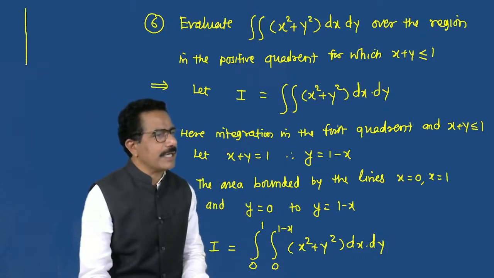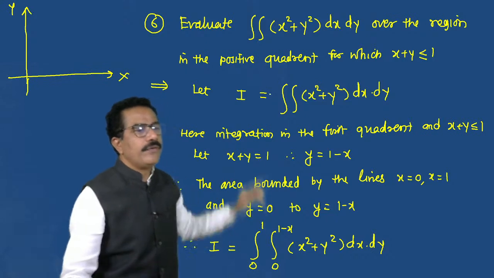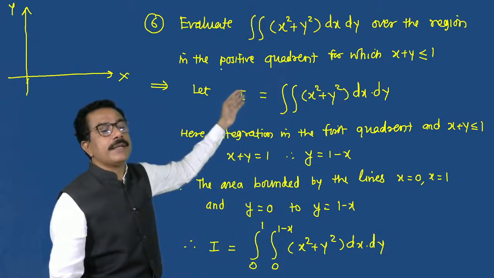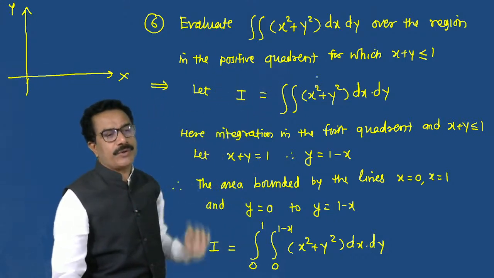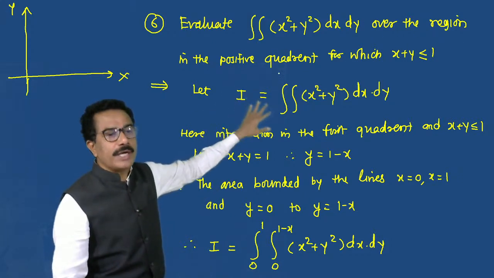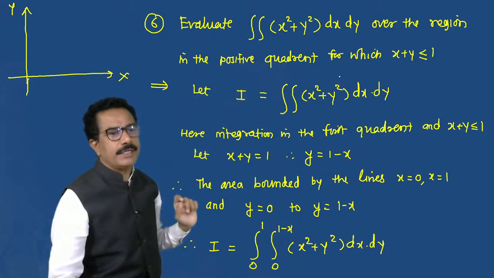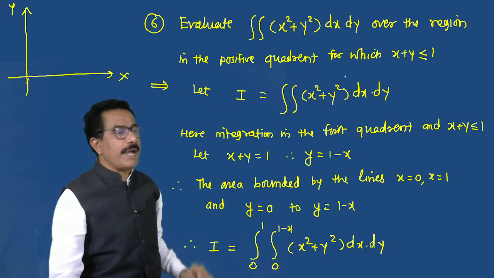So how do we calculate? See here, suppose this is the x axis and this is the y axis. To find the limits we have to take the positive quadrant, meaning the first quadrant. The region in the first quadrant in which x plus y is less than or equal to 1.